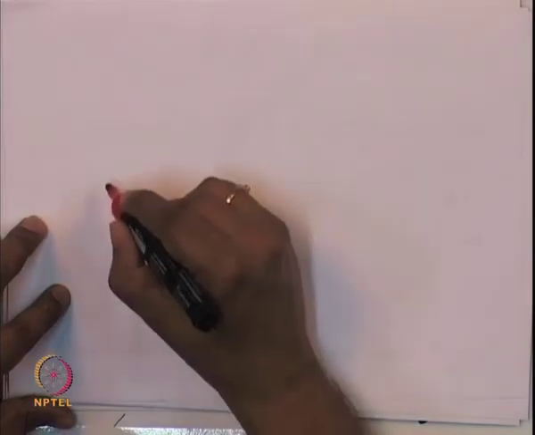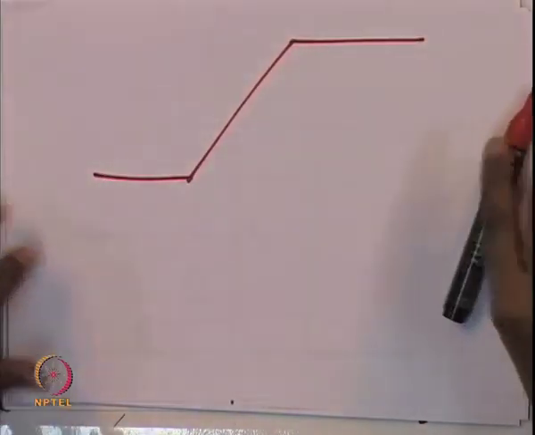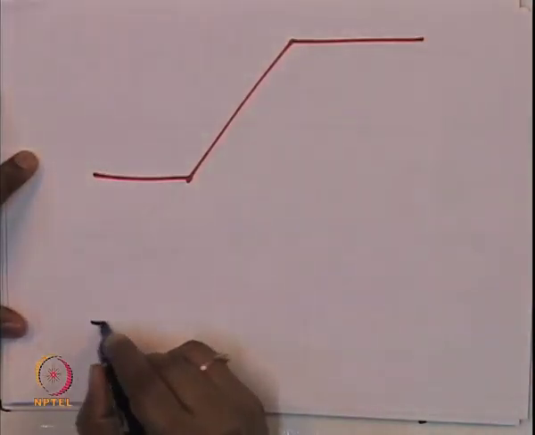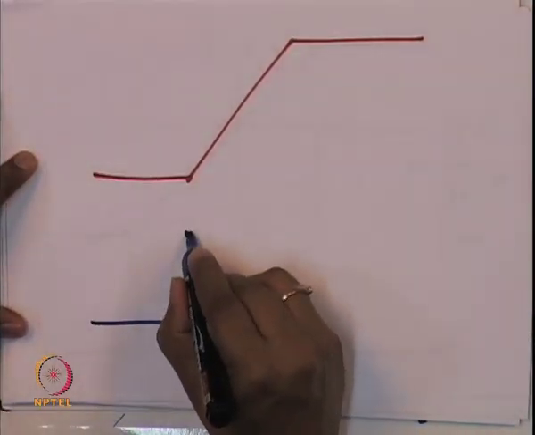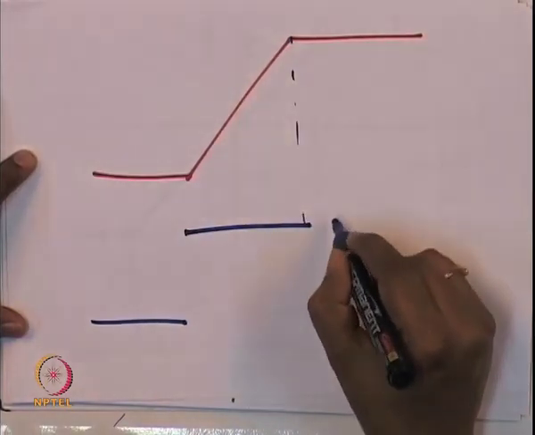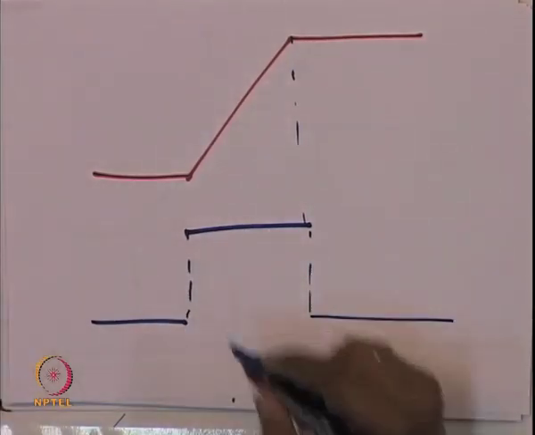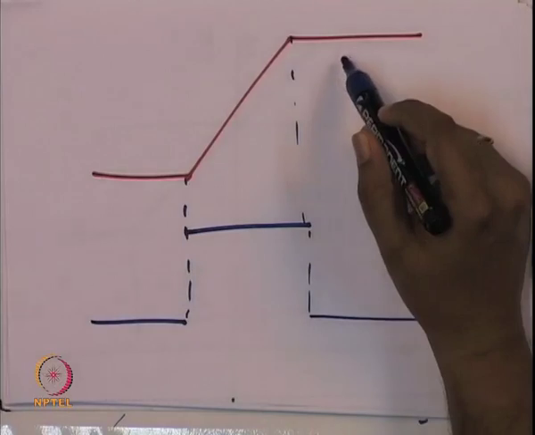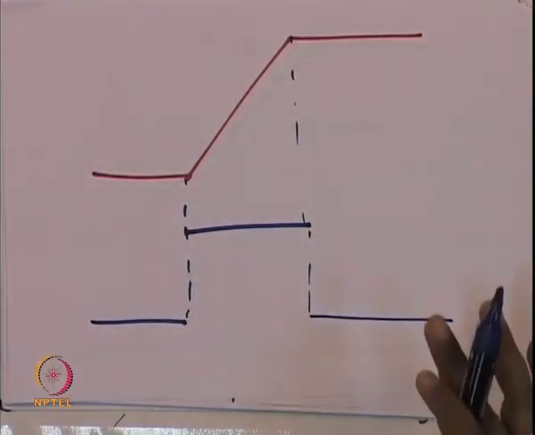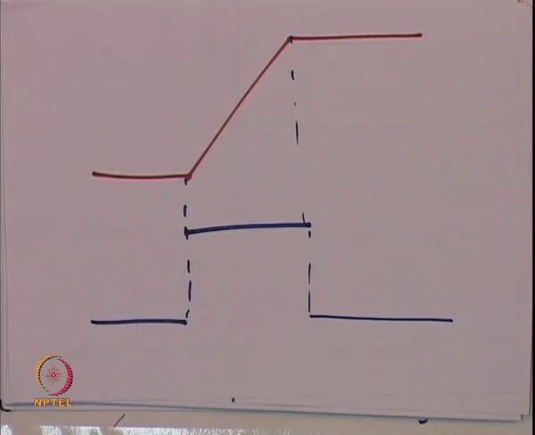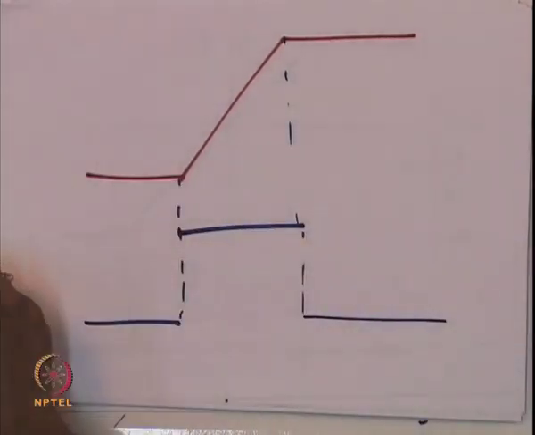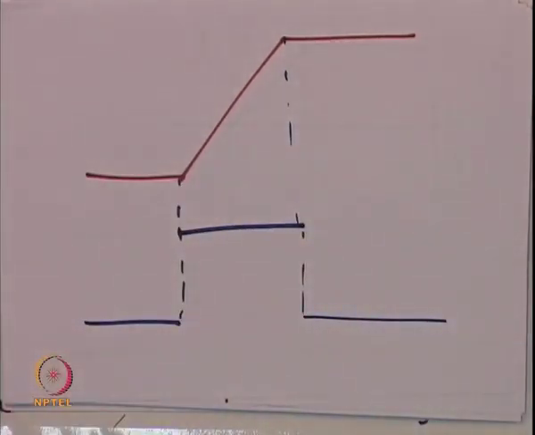So the answer looks something like this: the derivative is 0 here, then it's a constant till this point, and then again 0 from there. So this is your function and this is the derivative. Just by looking at it, you should get training to plot the derivatives, and this will help you immediately think about the derivative without really doing the differentiation by hand.